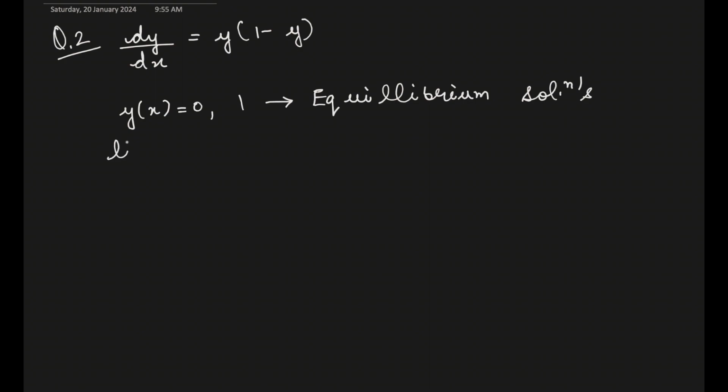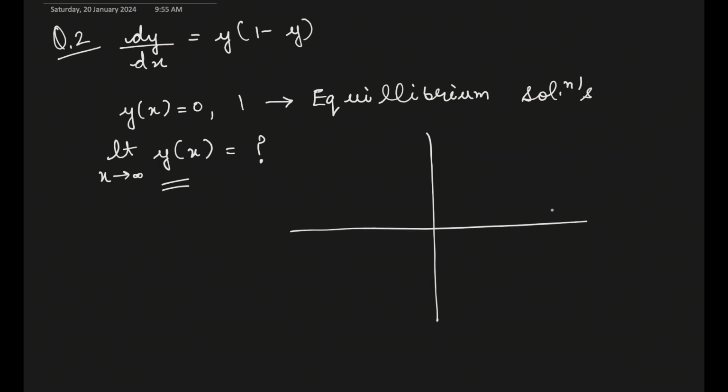And I need to find limit x tends to infinity y(x). Now without applying the methods which I told you in the previous classes, I want to find this with the help of directional field. Now what is directional field? And one more condition was given, y(0) is equal to 1 by 2.